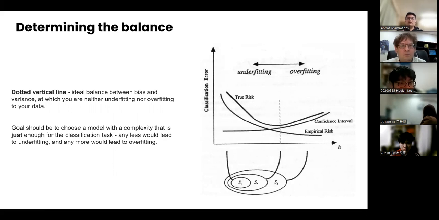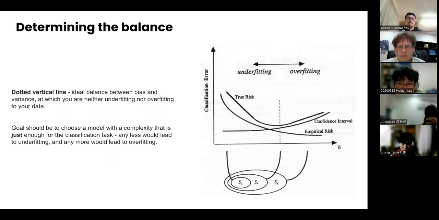We want to find the upper bound of the test error with some fixed probability, and we can do that with the VC dimension, which helps us find which model complexity is good to achieve the best performance without underfitting and overfitting.